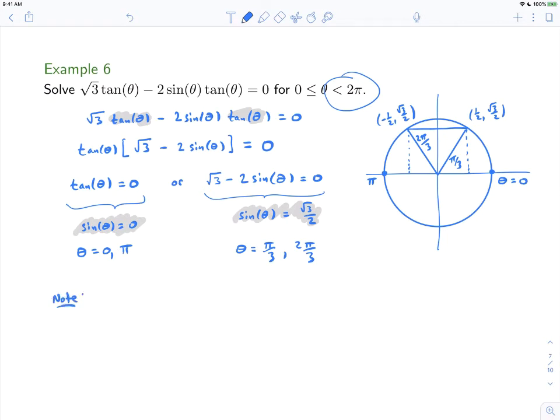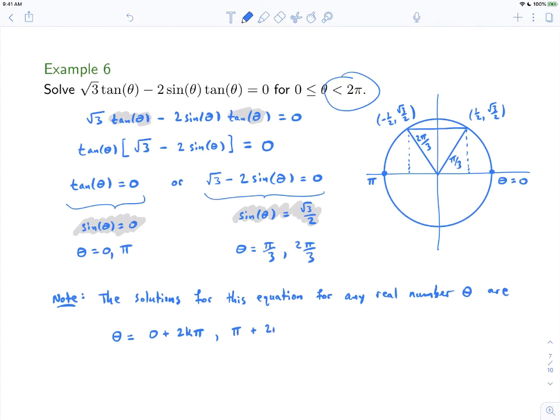So note the solutions for this equation without the restriction that theta is between 0 and 2 pi, so the solutions for any real number theta, are: theta equal to 0 plus 2 pi k, which is really just 2k pi, and then pi plus 2k pi, and then pi over 3 plus 2k pi, and then 2 pi over 3 plus 2k pi.